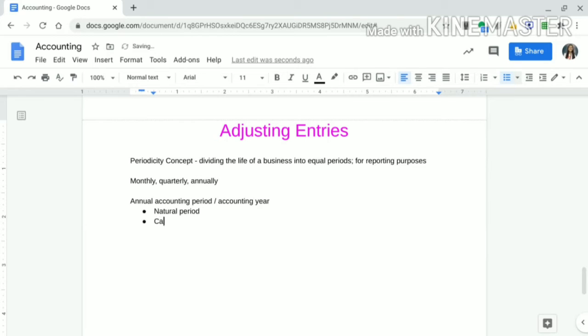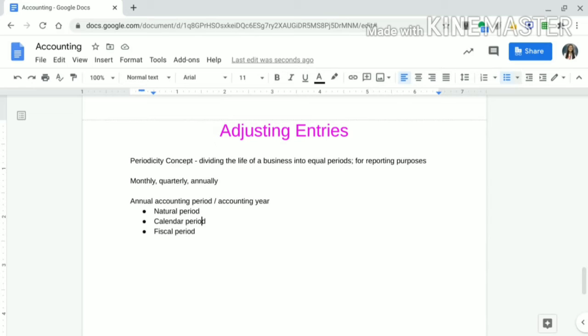So, we have the calendar year or period, and the fiscal year or period. Eto hindi ko na masyadong ipapaliwanag, pero basta sa natural period, ito yung ginagamit niya yung lowest performing period ni business as its start of the period.